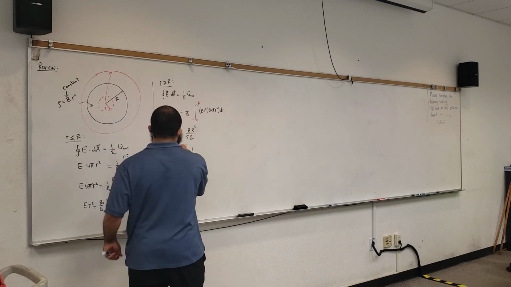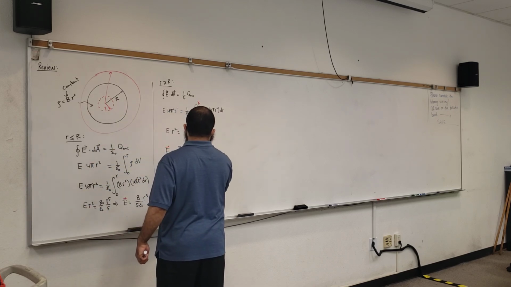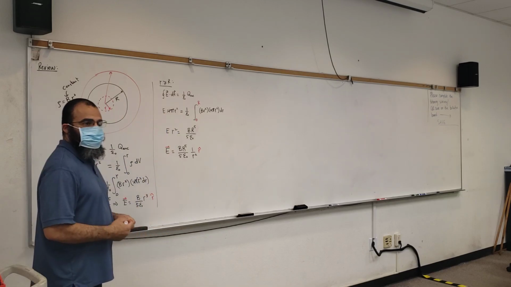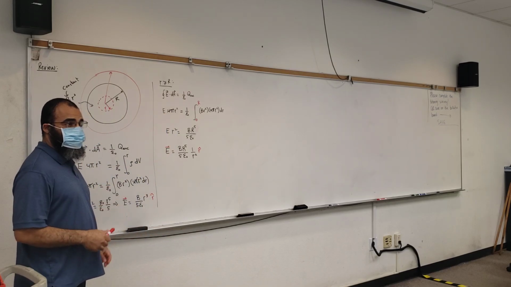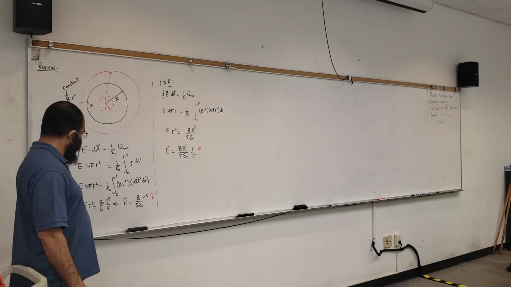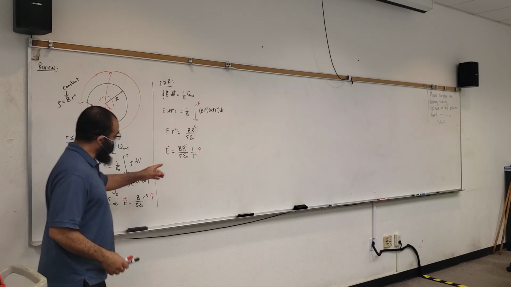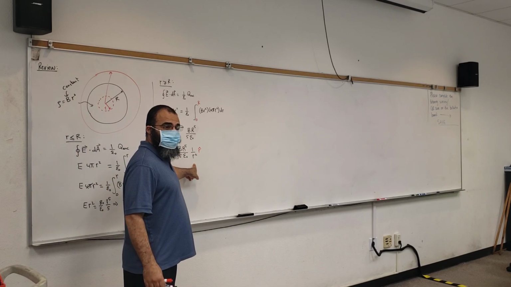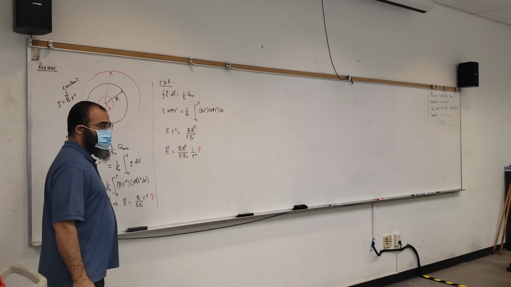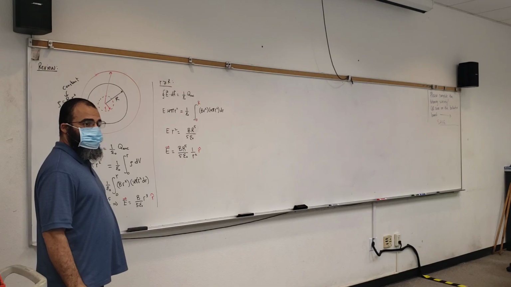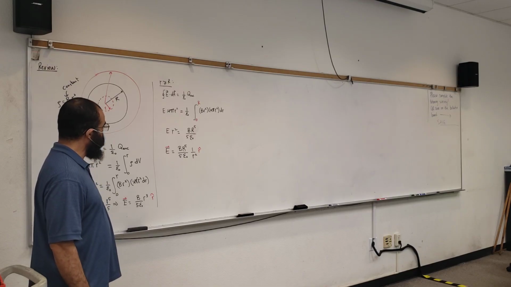And of course, you can make it into a vector, because of symmetry, we already knew the direction. We figured the direction first, radial direction. So that's the electric field. And we predicted that it would be 1 over r squared, like a point charge when you're outside. So that's done.